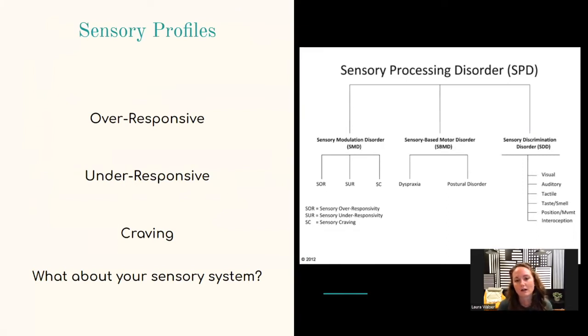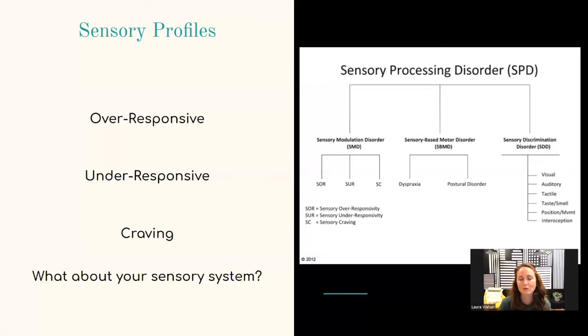The picture on the screen here is a nosology for sensory processing disorder that is put out by the STAR Institute. The STAR Institute is kind of the gold standard when you think of sensory integration and modulation. If you go in to do a specialty certification in sensory, they are where you get that certification.